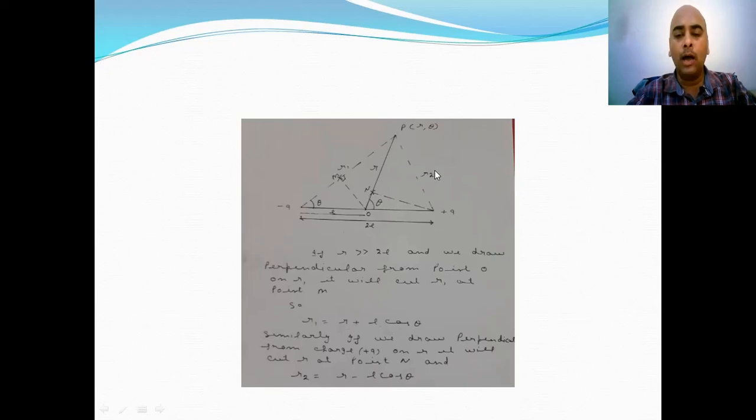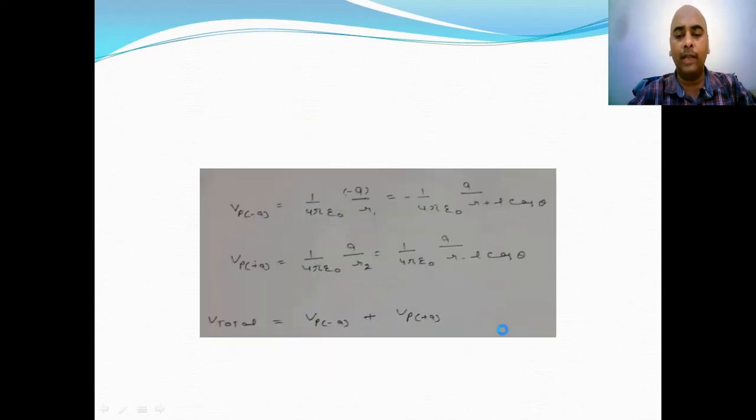So the r2 distance can be estimated as the total distance r minus the distance NO, and distance NO is l cos theta. So the r2 distance is r minus l cos theta.